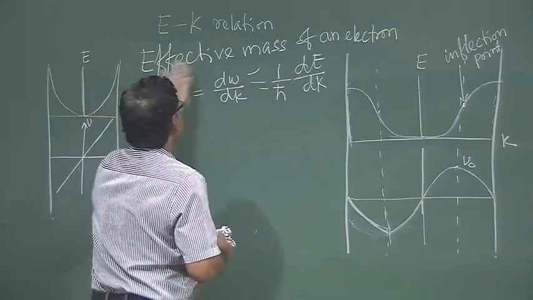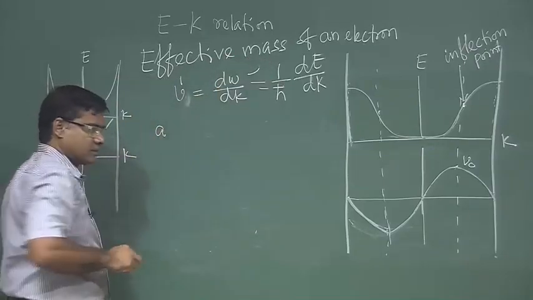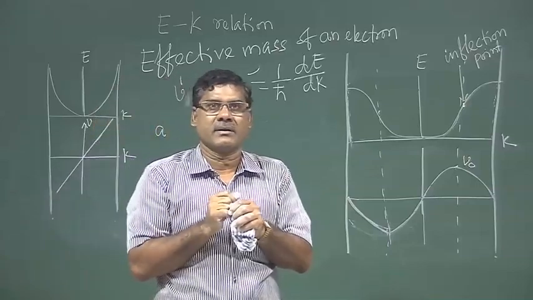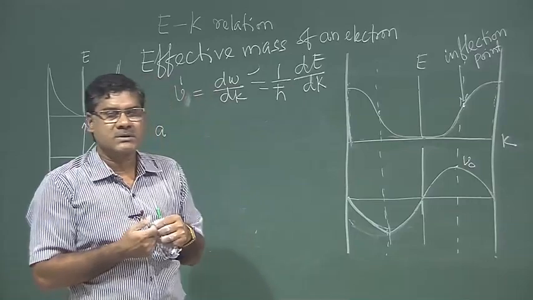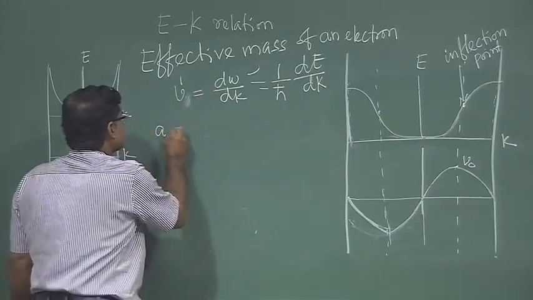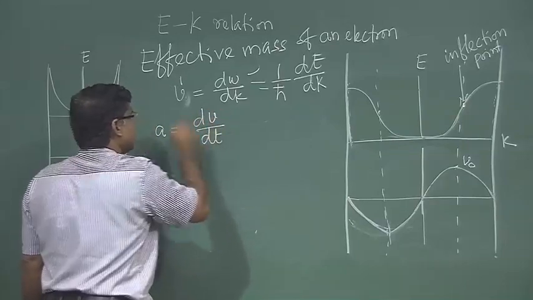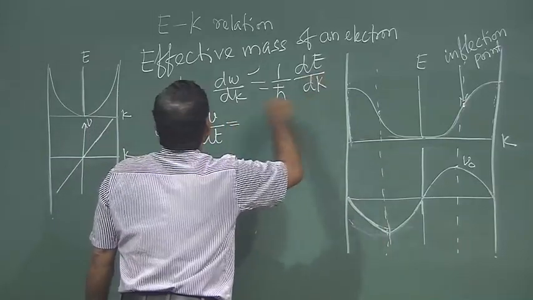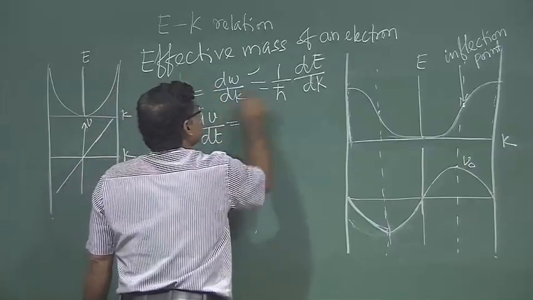Here also we will find the definition of this effective mass. If an electron is there and you apply an electric field, it will feel a force and it will be accelerated. Acceleration is basically the change of velocity with time. So, when it is in a lattice, or in general, this velocity is this.